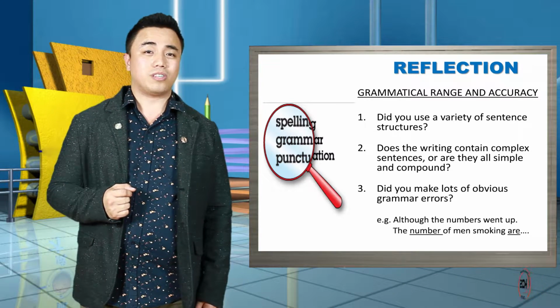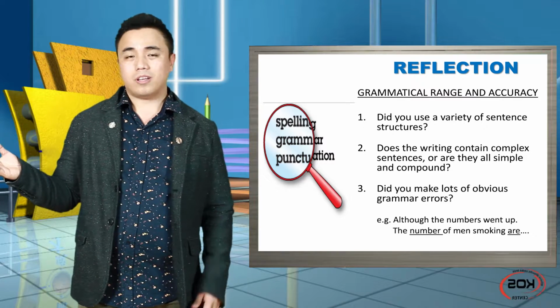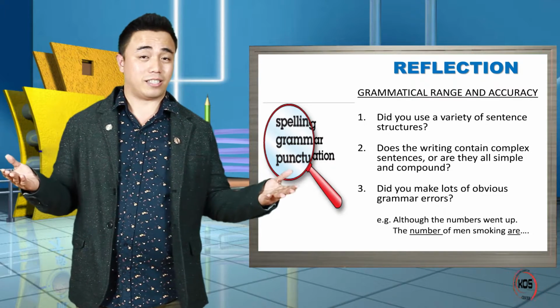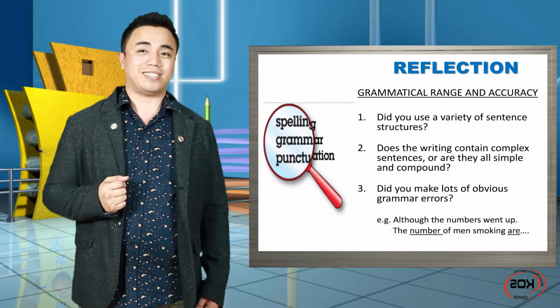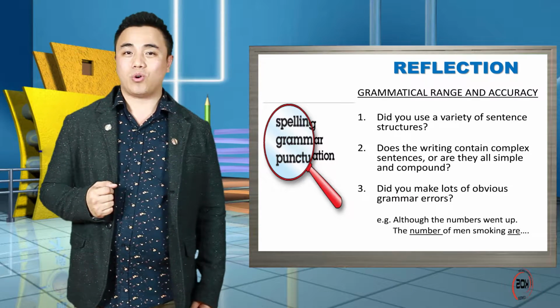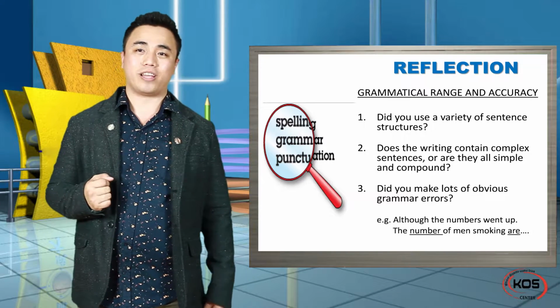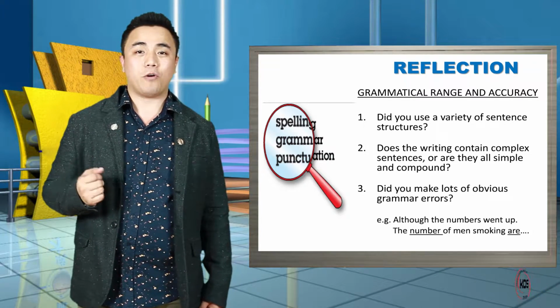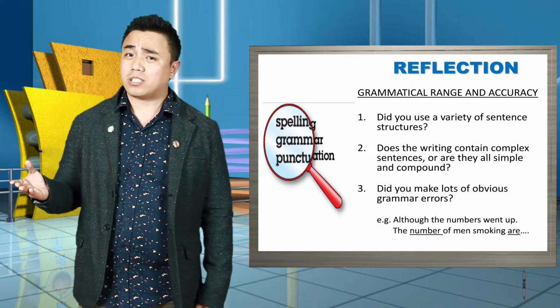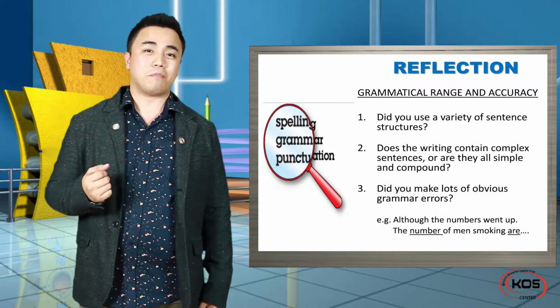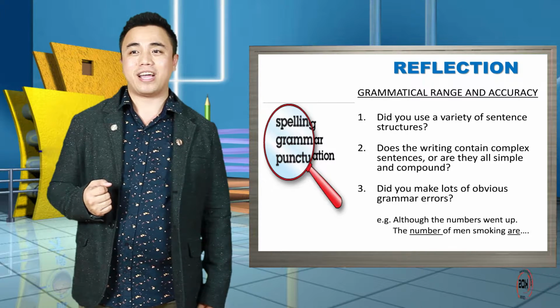Did you use simple, compound, or complex sentences? If you were able to produce error-free sentences, then you have shown good grammatical range. And of course, we go back to accuracy. Because this is an English test, we are expected to use appropriate grammar for our essay.